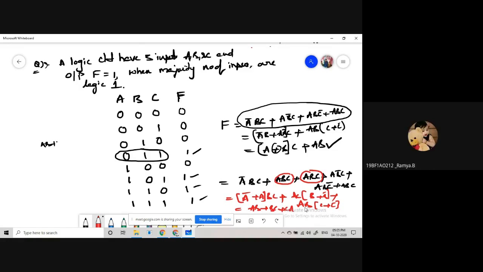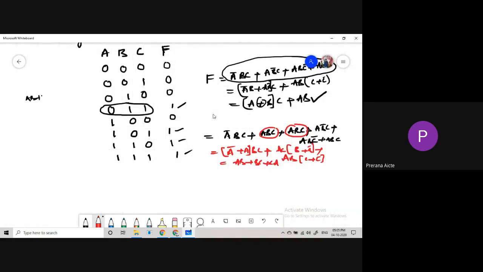Yes, sir. So this is also a reduced expression. If the options do not consist of the earlier expression, we go to this one: AB plus BC plus CA. So if we add ABC plus ABC, it will not affect the expression, right?